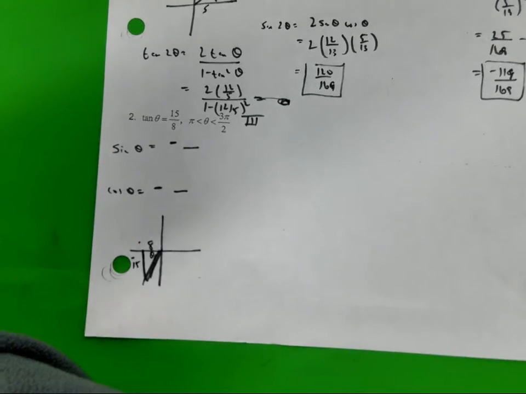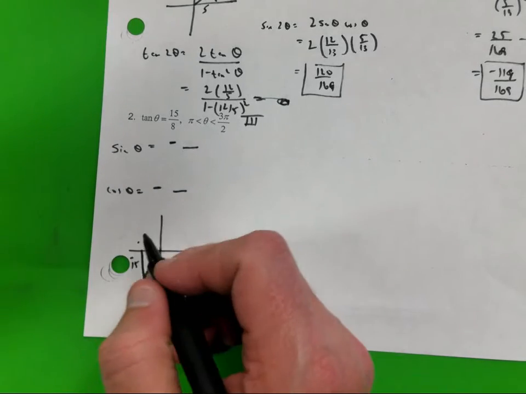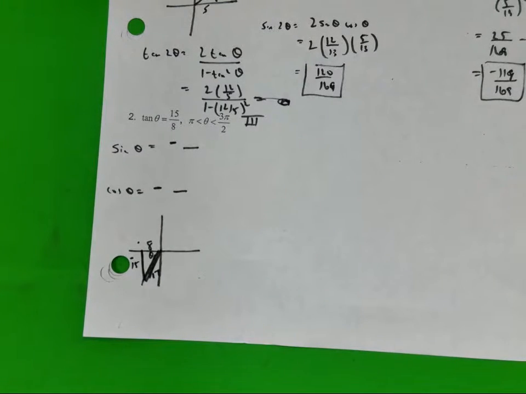How would I find my r? Use the what? Okay, what's negative 15 squared plus negative 8 squared? What is it? 289. What's the square root of 289? Your hypotenuse is always what? Positive.